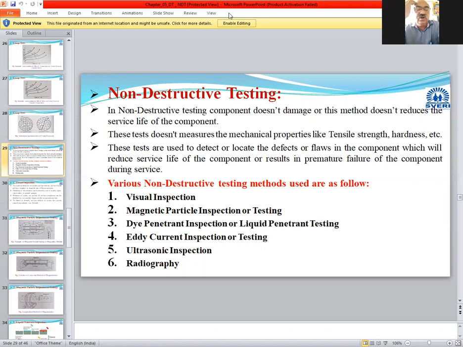Radiography is similar to ultrasonic, but this is very costly and normally used in research atmosphere or for delicate, heavy and costly material purposes. Okay, so these are the 6 types of non-destructive testing.